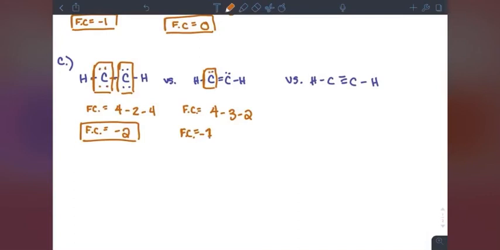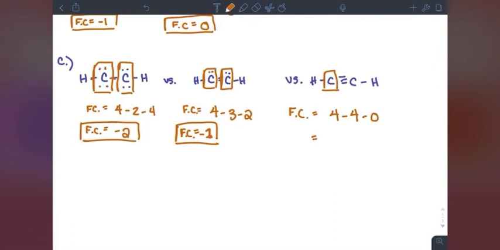And it'll be the same for this carbon as well. Finally, for our triple bonded carbon, it's going to be 4 minus the number of lines, which would be 4, minus the number of dots, which is 0.